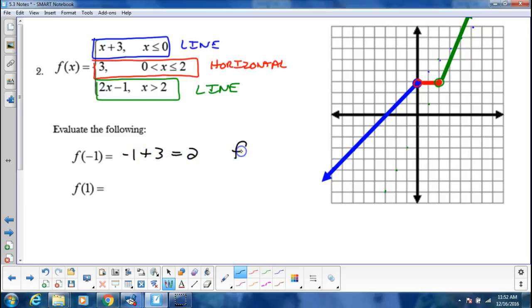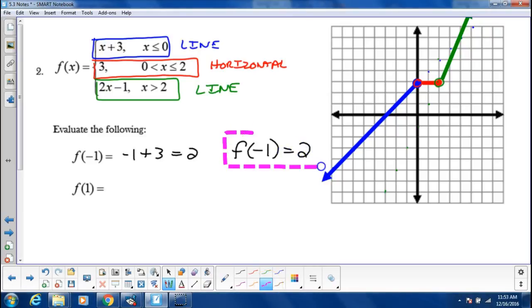So f of -1 is 2. F of 1: red, blue, or green? It's on red, right? So that value then is 3. With me?